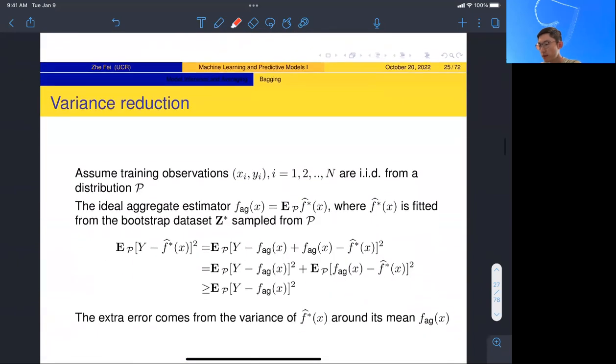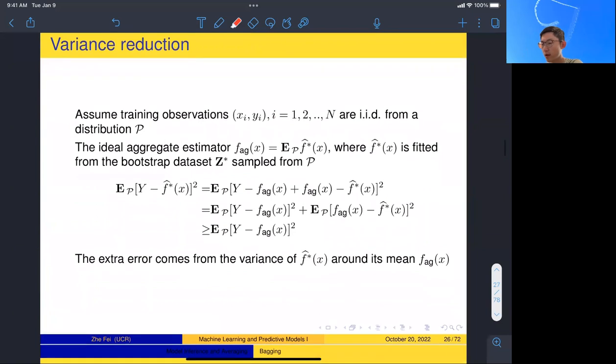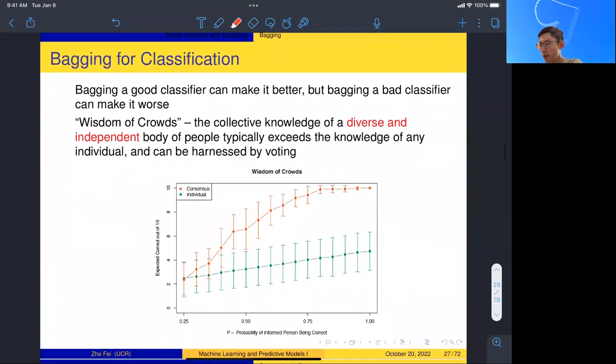Okay. So below is the derivation of how exactly bagging achieves variance reduction, but it's basically some mathematical derivation, so we could skip this part. And here's the illustration. This actually comes back to real life, the so-called wisdom of crowds.